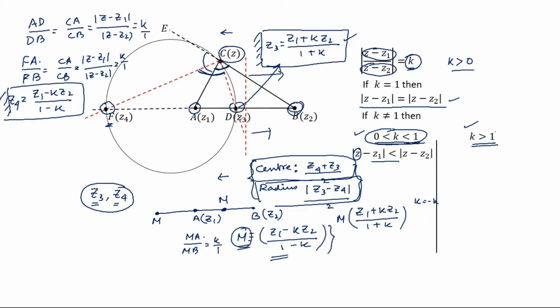Otherwise everything remains the same. Therefore, what we have learned is that if mod of Z minus Z1 by Z minus Z2 is k and k is not equal to 1, then Z always lies on the circumference of a circle. Is it clear? And you know how to find out its center and radius.